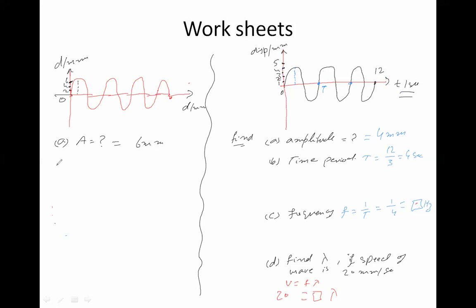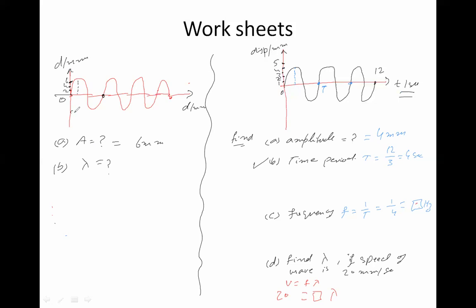What about number 2? He cannot demand the time period, because the time axis is not given. So what should he demand now? Wavelength. Wavelength is a complete cycle. Look, from here to here is one complete cycle.